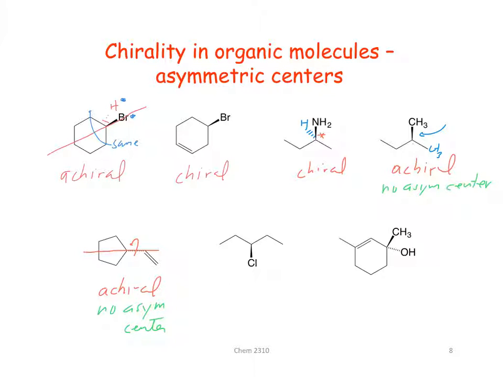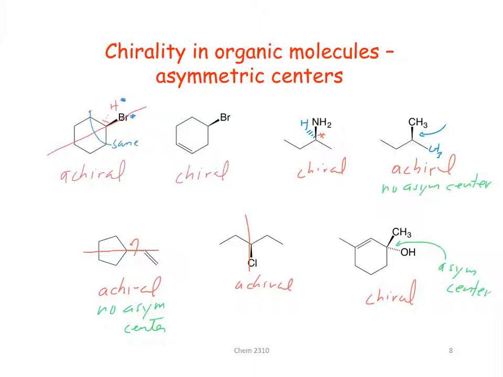Okay, same here. Achiral, right, has a plane of symmetry down through here. What about the last one? This one is chiral, right, because this has an asymmetric center.